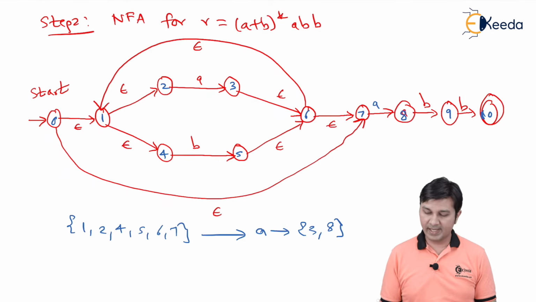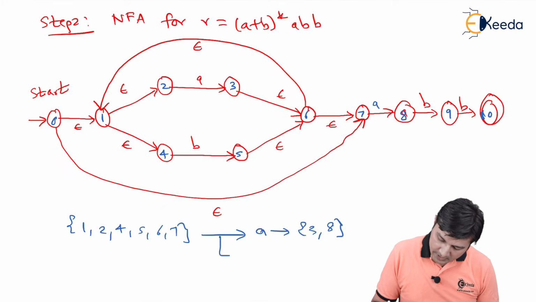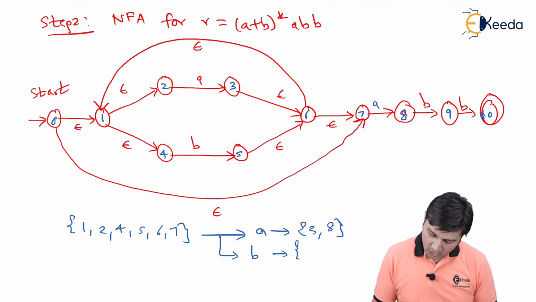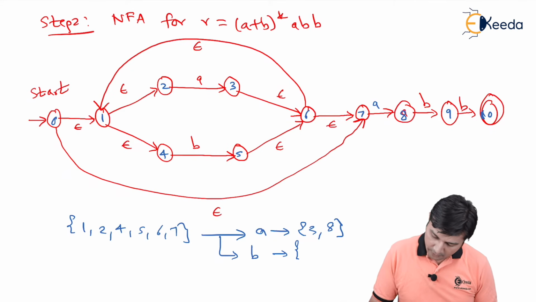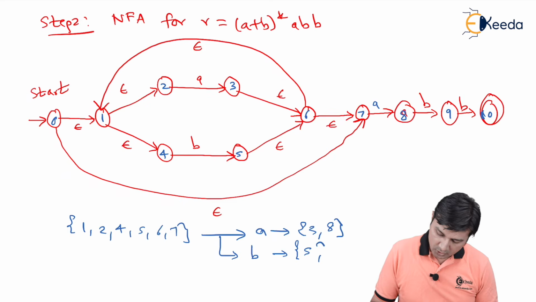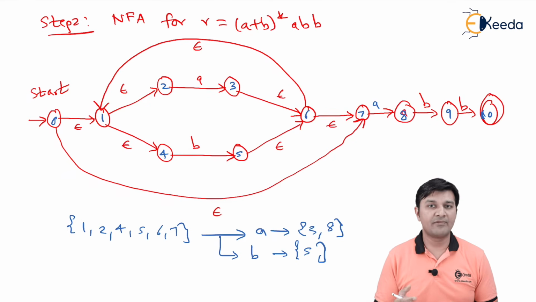So Y on A is 3, 8. Similarly for B, when we look for a transition on B, I have 1 on B nowhere, 2 on B nowhere, 4 on B goes to 5, 5 on B nowhere, 6 on B nowhere, 7 on B also nowhere. So I get 3, 8 and 5 to be included in that table. So let's write it.